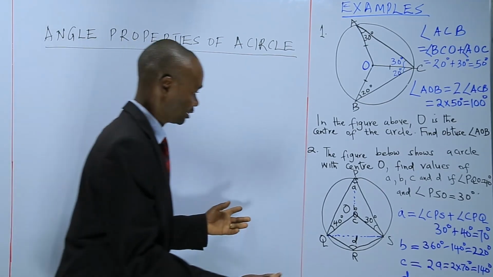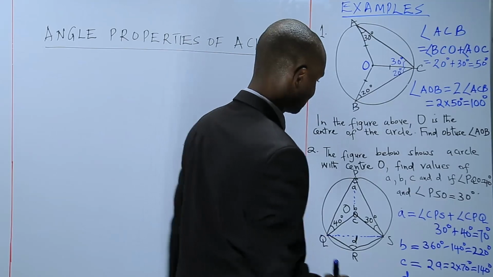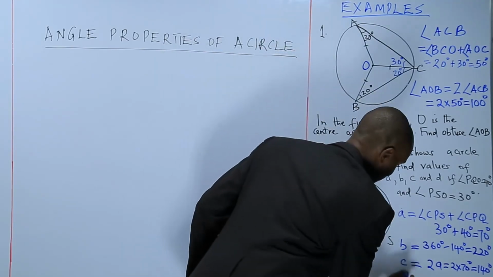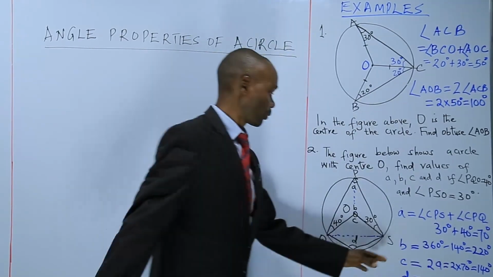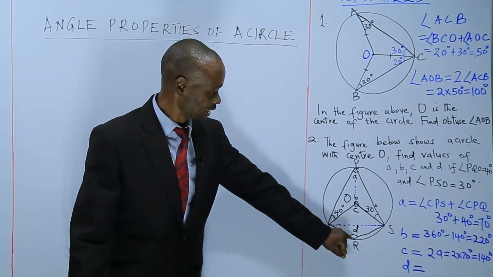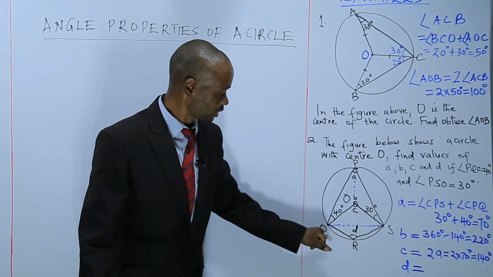So to get D, D is subtended by which chord?